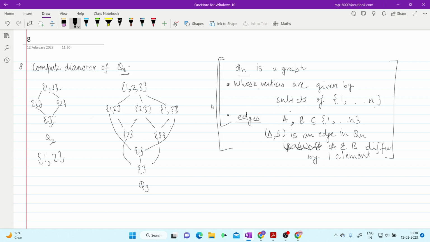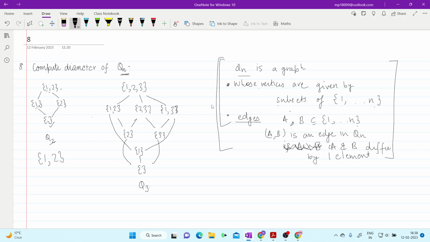But there is no edge between the complete set 1, 2 and the empty set because the difference of these two sets is 2 elements. So in Qn the vertices are subsets of this set and there will be an edge if their difference is just one element. Similarly you can see the graph of Q3 also.